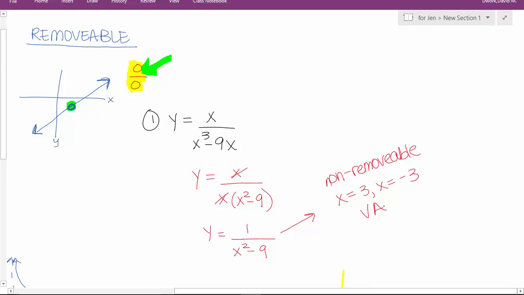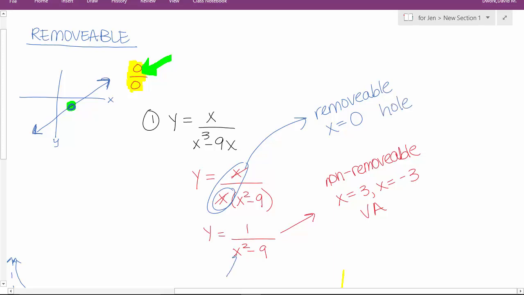So graphically those are vertical asymptotes. But I physically removed one type of discontinuity, and so I have a removable one at x equals 0, right? That's where that factor would be 0. And so that will turn out to be a hole.